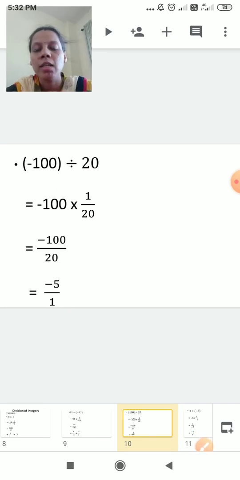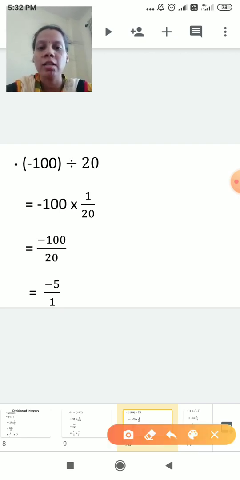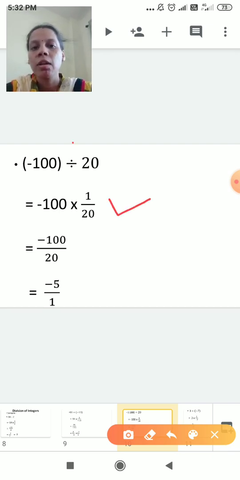Next sum is minus 100 divided by 20. Okay. So what is the first number here? First integer, minus 100. Very good. Now what is the second integer? 20. Correct. So first integer minus 100 we will write down as it is in the first step, and in place of the division sign what will we write down?